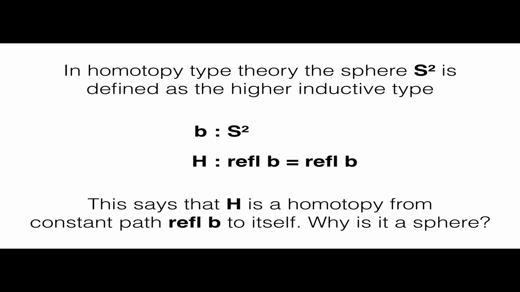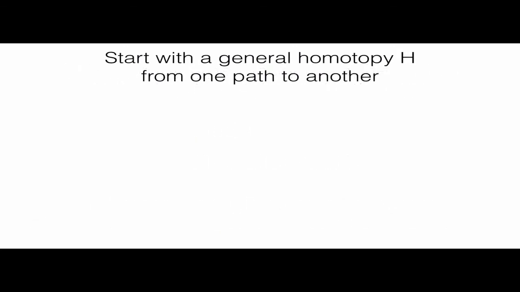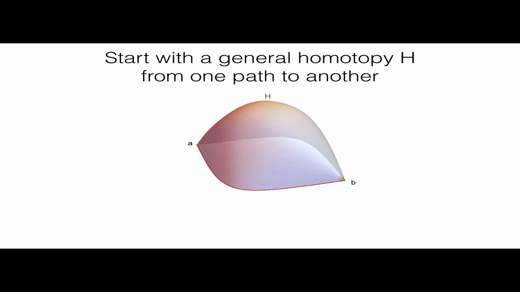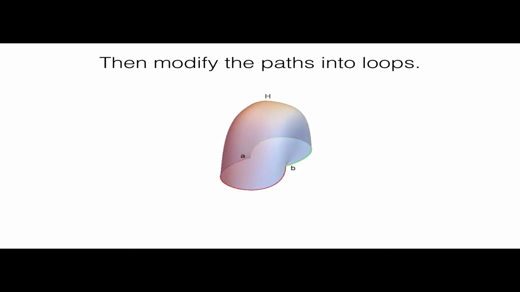Okay, we want this. The surface is the H. Okay, so why is it this? H is a general homotopy from A to B. You pinch together A and B. What do you get? So first, you modify them. You say pinch together A and B. So now H is going to be a homotopy from one loop to another loop.